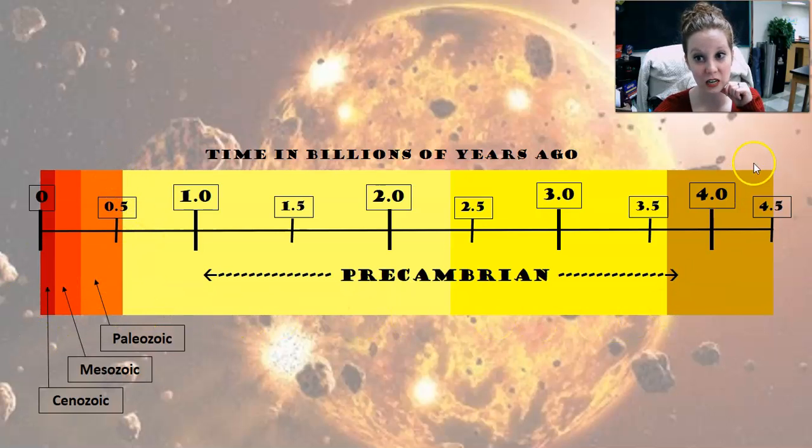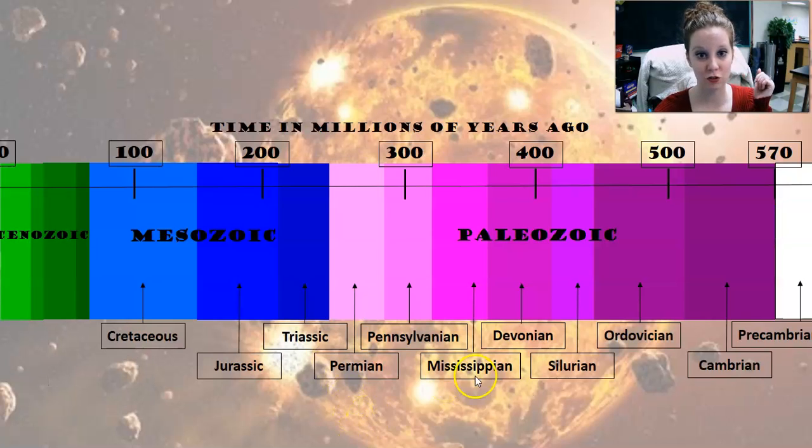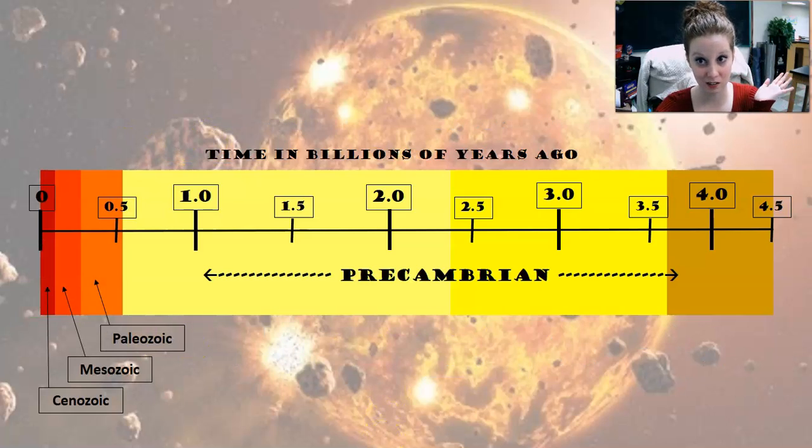This whole chunk here is Precambrian time. The previous slide was just zoomed in to show you the periods being part of the eras, but this second slide gives you a better idea of how old our planet is and how very little of it was populated by the organisms that you are familiar with.